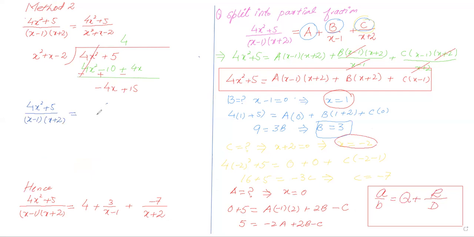The quotient is just 4. Plus, then you have to write the remainder, minus 4x plus 15. Then we have to write the divisor. In this case, the divisor is x minus 1 and x plus 2.